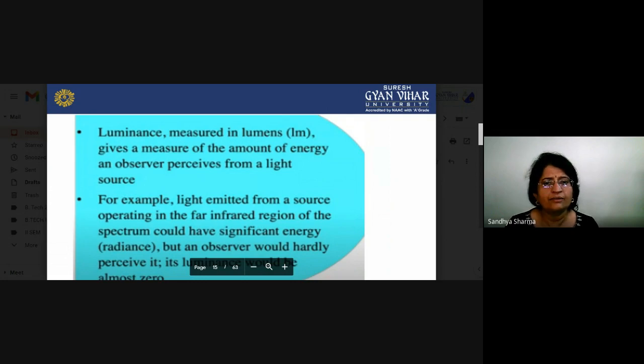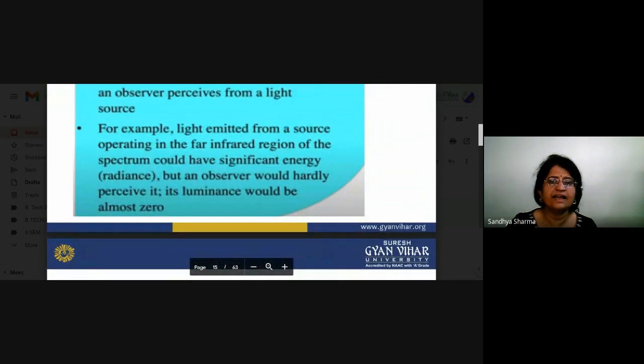Now, light emitted from a source operating in the far infrared region of the spectrum could have sufficient energy, meaning radiance, but an observer would hardly perceive it. Its luminance would be almost zero. If you cannot perceive it, it will be almost zero.